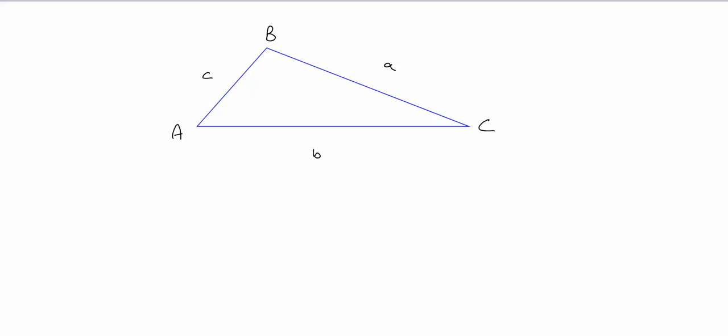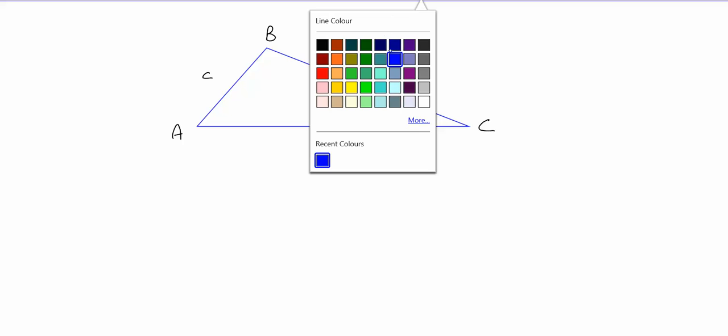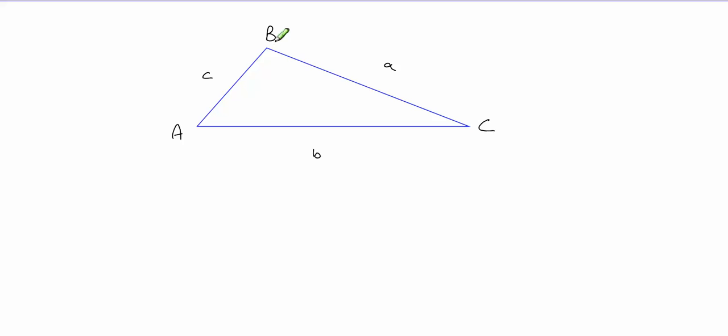If we take any triangle ABC, where the angles are at the vertices A, B, and C, and the sides, as we know, are labelled by the lowercase a, b, and c opposite each of the angles, I'm going to draw a perpendicular line from B to AC, like that.